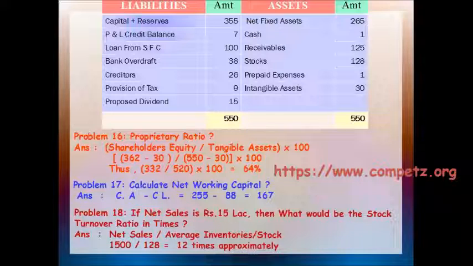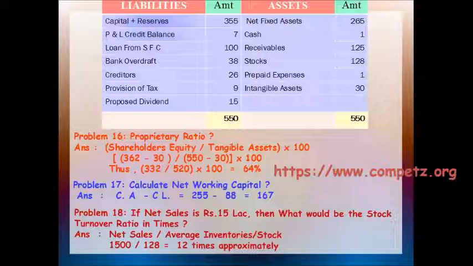If this is not given in the problem, COGS is equal to opening stock plus purchases plus direct expenses, wages, carriage, freight, minus closing stock. If these two are not given, in the absence of the required information, any one of the formulas may be substituted.